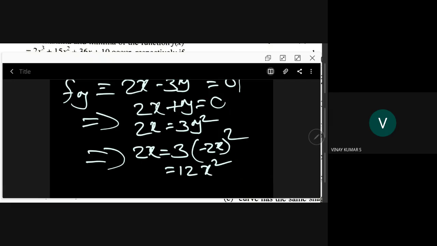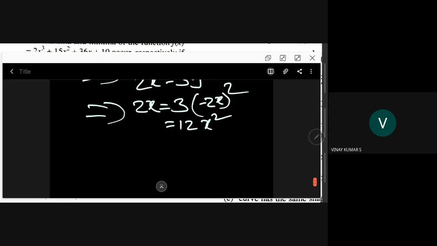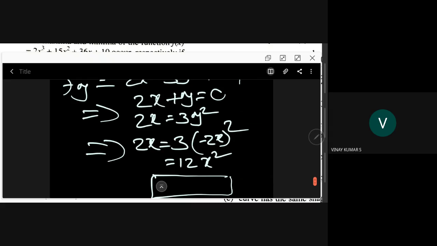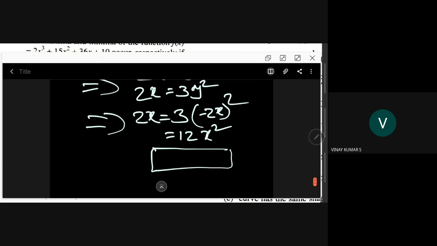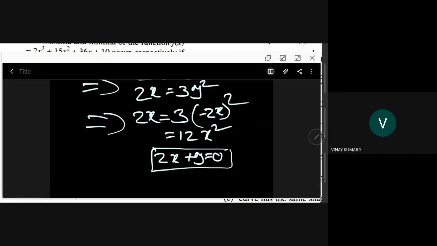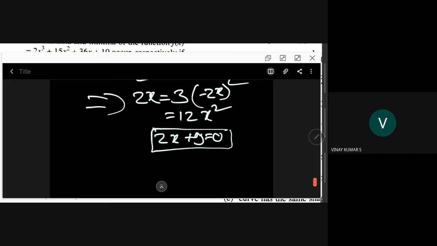Remember always one thing, when I converted this into a single equation, there is a relationship here which is not visible: 2x plus y is equal to 0.